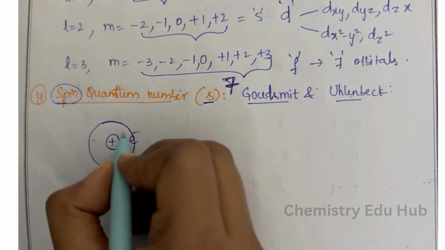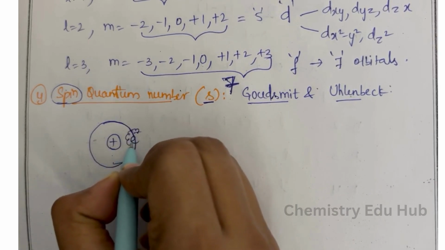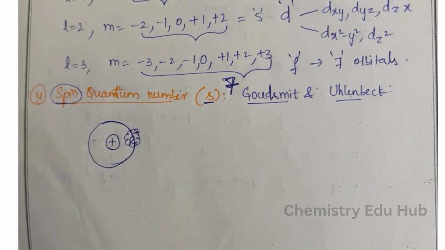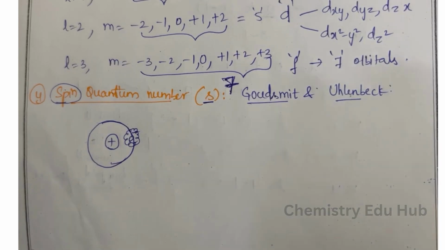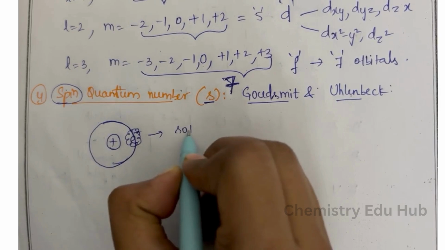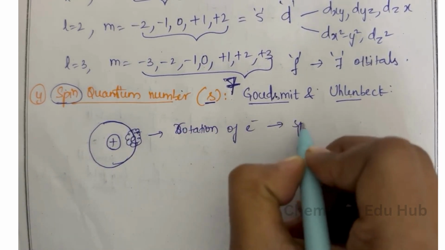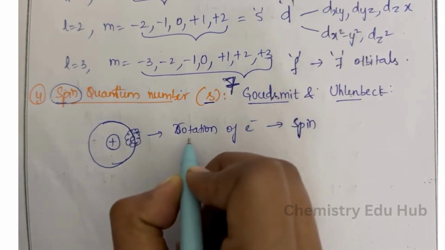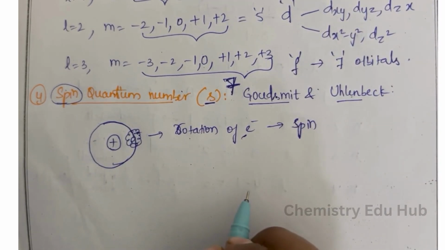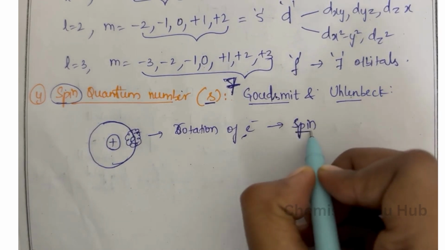Along with the revolution, it also rotates around itself, just like the earth does around the sun. While the electron rotates, it creates a spin, because the electron is a charged particle. So because of the rotation, a spin is generated.